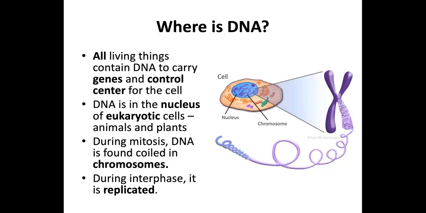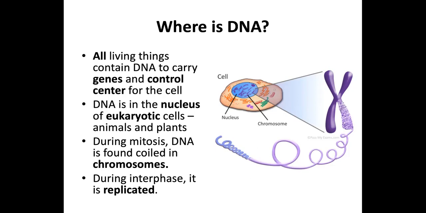It's just that it's not found within a nucleus. Okay? It's just in there, jumbled up. Remember I told you it looks like a bunch of spaghetti. So this takes us back that all living things contain DNA in order to carry genes, and it helps to control everything for the cell because the DNA is found in the nucleus, which is the control center for the cell.